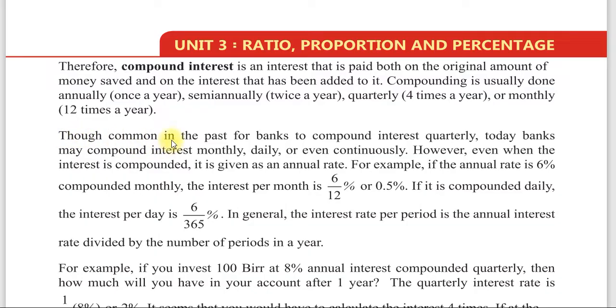Although common in the past for bank to compound interest quarterly, today banks may compound interest monthly, daily, or even continuously. However, even when the interest is compounded, it is given as an annual rate. For example, if the annual rate is 6% compounded monthly, the interest per month is 6/12% or 0.5%.